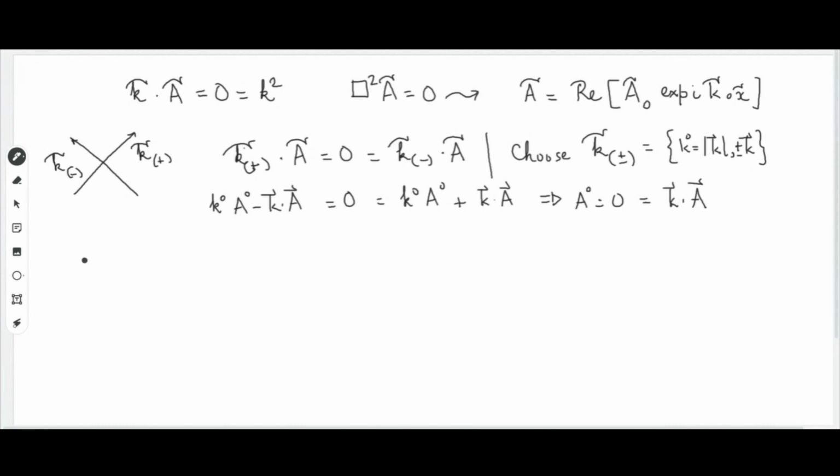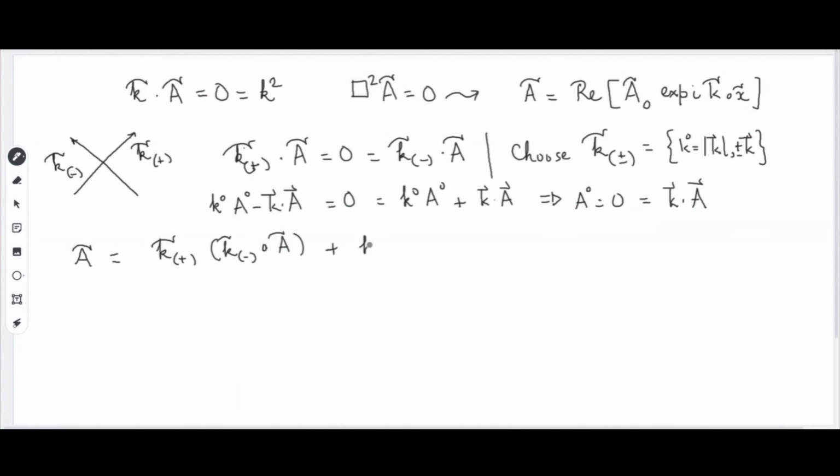The other way of proving it, a more sophisticated way, is to realize that the four-vector A can now be expanded in each of the four directions. So we have K plus times K minus dotted into A. This is a four-dimensional dot product.